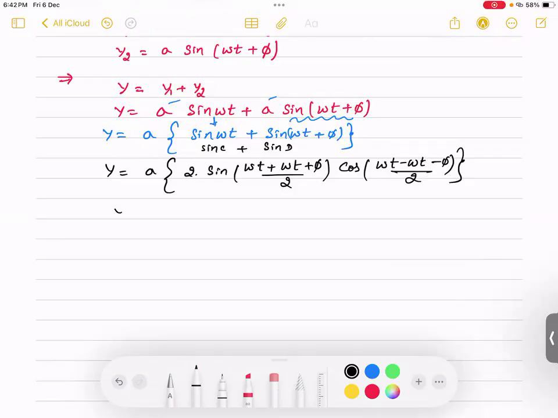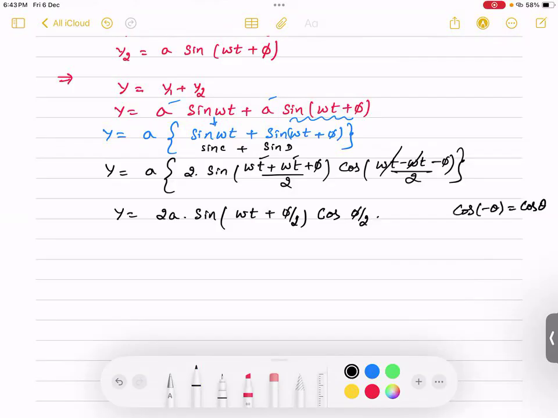y equals 2A sine of (omega t plus phi by 2), because omega t plus omega t will be 2 omega t, so (2 omega t plus phi) whole thing by 2, that is omega t plus phi by 2, into cos. This 2 will get cancelled. Cos of minus phi by 2. But you know that cos of minus theta is also equal to what?